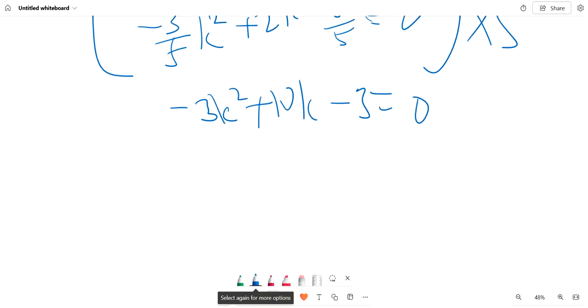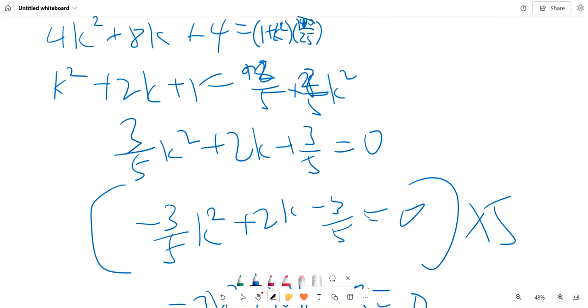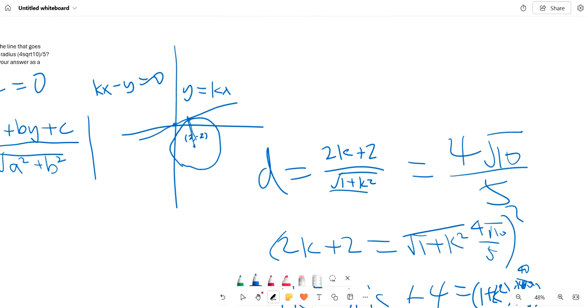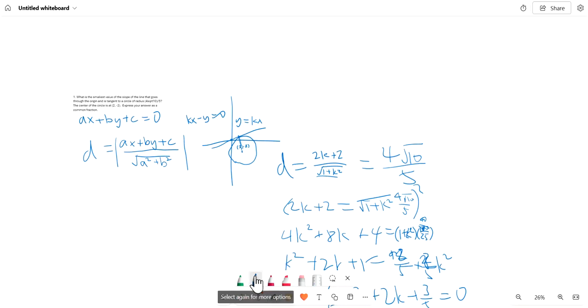And if you solve this, you get k equals 3 or 1 over 3. And 3 is referring to this bigger slope over here. So that means that 1 over 3 is the answer because we want the smaller one. So the answer is 1 over 3.